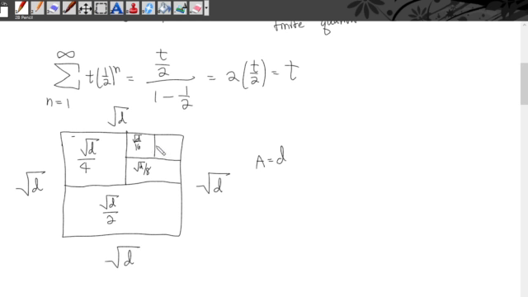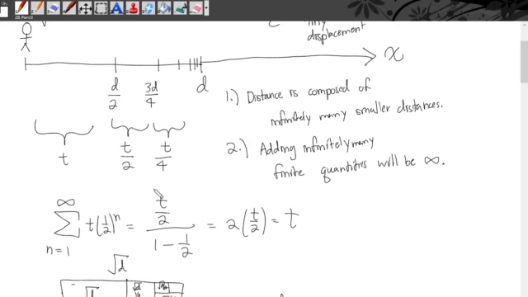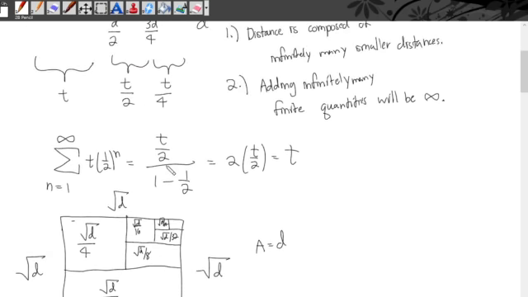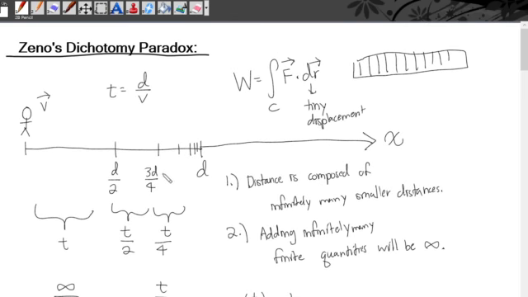We can split in half again. We would see it would be root d over 32. Again, root d over 64. And I think you can see now where I'm going with this. So we can see that adding up infinitely many finite non-zero quantities, which are positive, does not necessarily equal infinity.